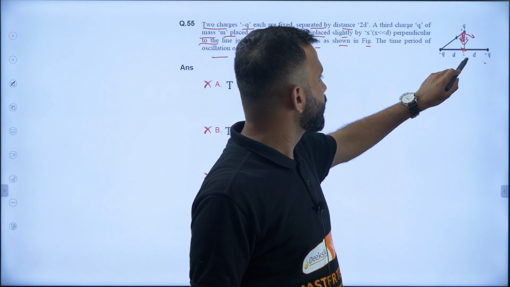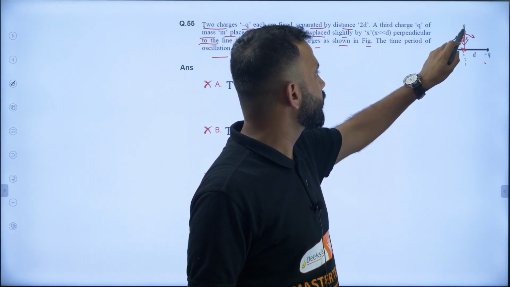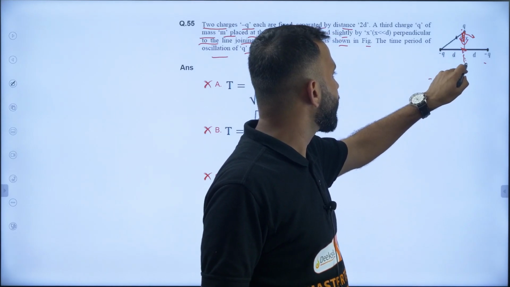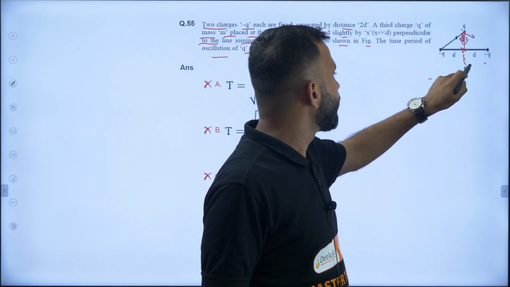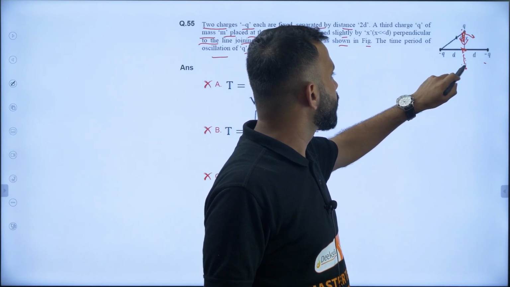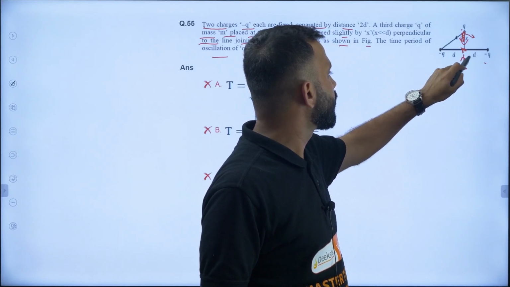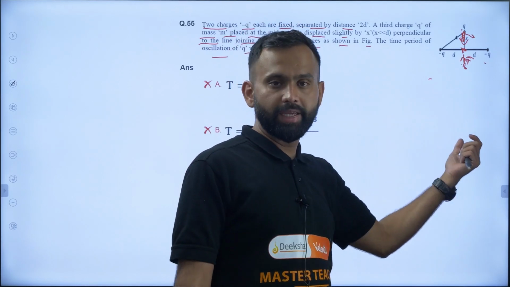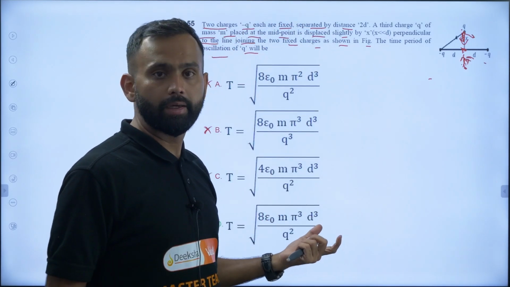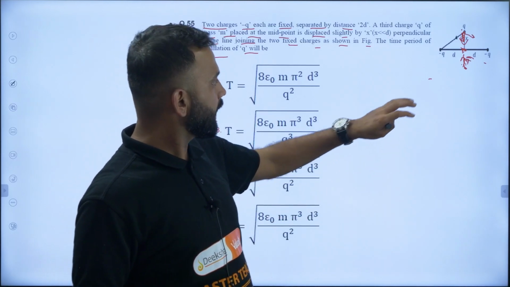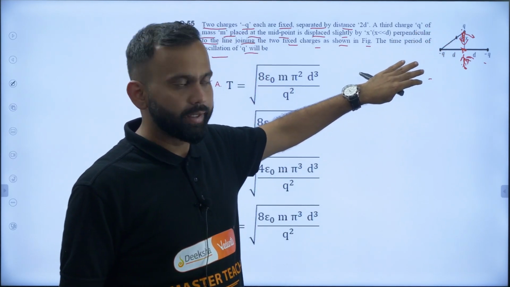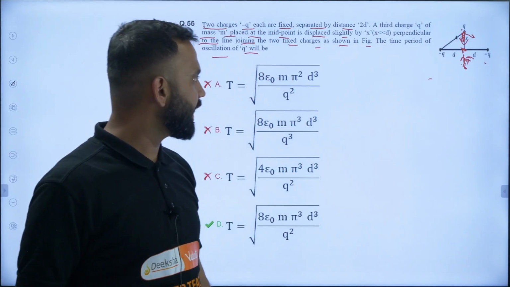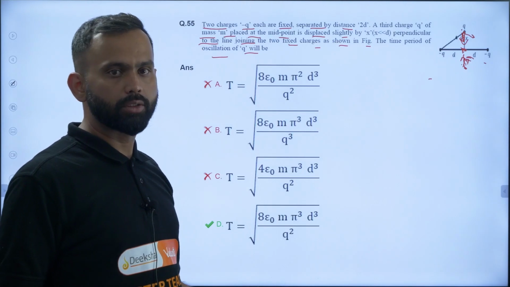Then again it will start to move, because at this point the charge q is in stable equilibrium, so it will move in the downward direction. At a certain point the upward force will be maximum, and that force makes the velocity of q 0. Again it will start to move in the upward direction, then downward, a to and fro motion. So we can say that the charge q performs simple harmonic motion.